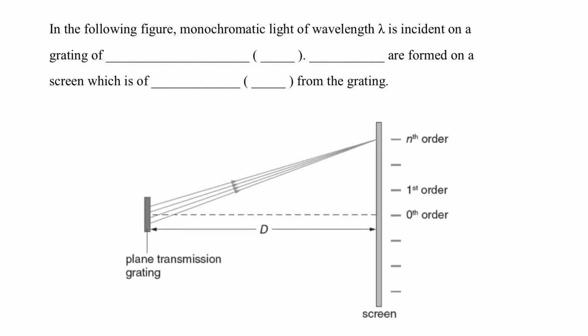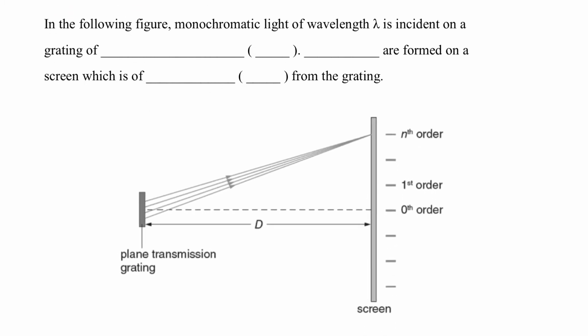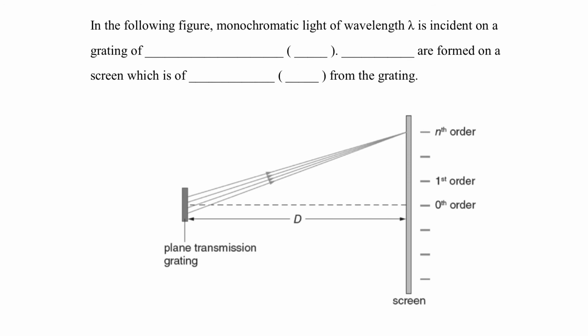In the following figures, we will talk about some more details of the observation related to the diffraction grating. So firstly, once again, we define the grating spacing as d, a small d. And there are fringes formed on the screen which have a distance capital D from the grating, as shown in this figure.